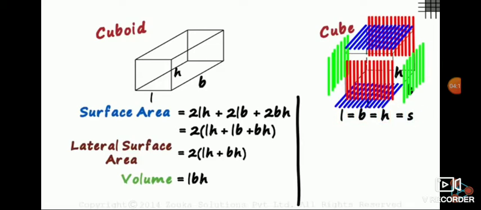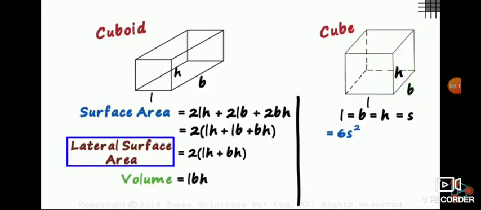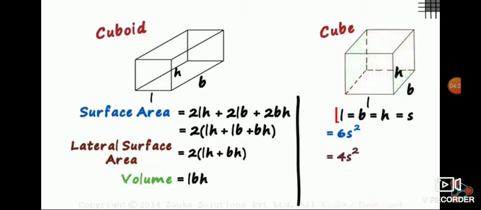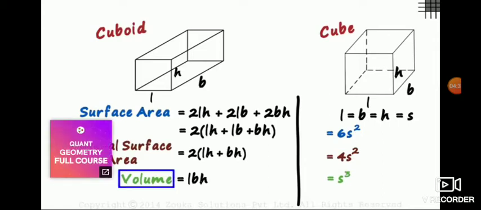As there are 6 faces, the total surface area will be 6S squared. What will be the lateral surface area and the volume then? As it has 4 faces on the side, its lateral surface area will be 4S squared. As L, B, and H are all equal to S, the volume of a cube will be side cubed. In the next session, we will look at the volume and surface area of a cylinder.